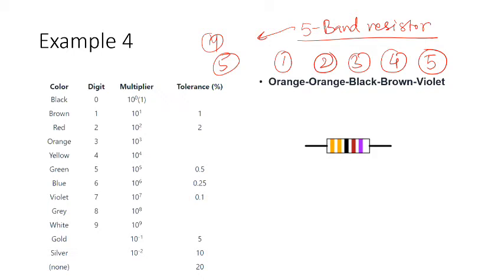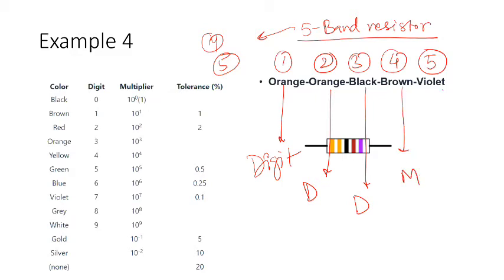So for a 5-band resistor, we have studied that the formula changes into digit, digit, digit, multiplier, and then tolerance. So let us now consider the first band. First band is orange, and for orange I'll be requiring a digit.